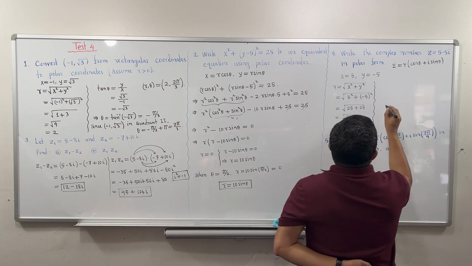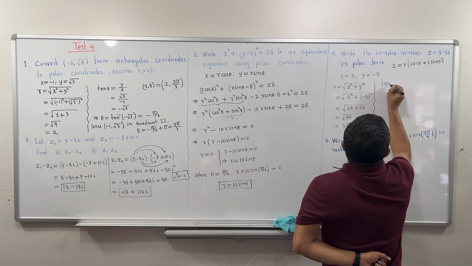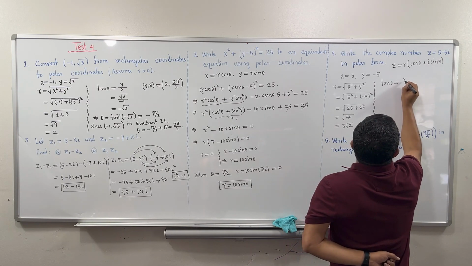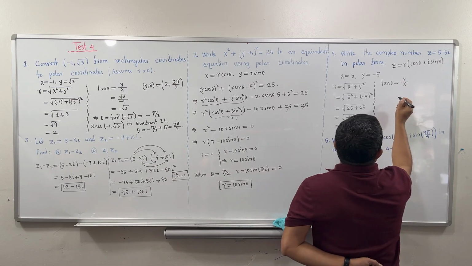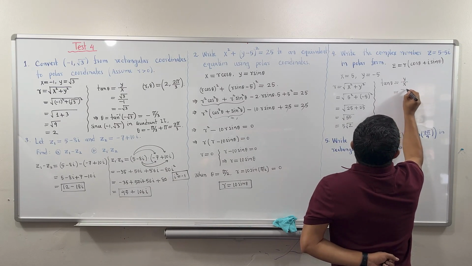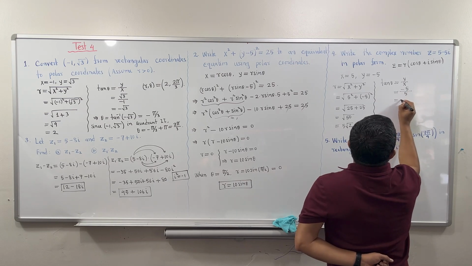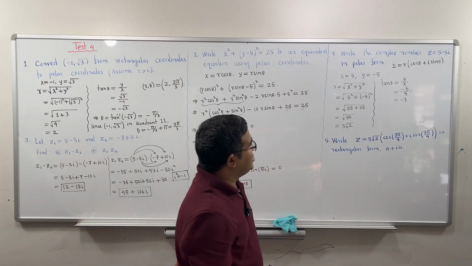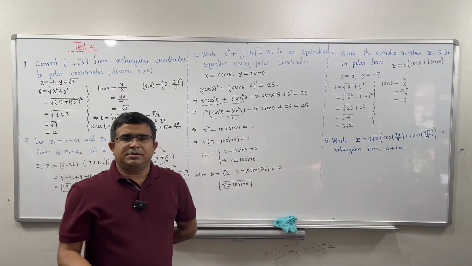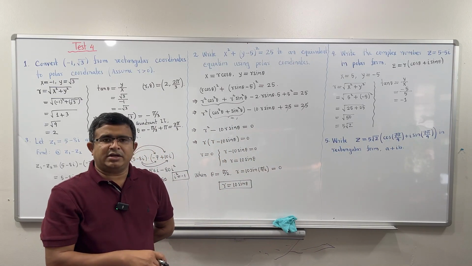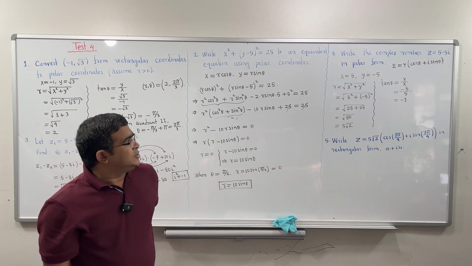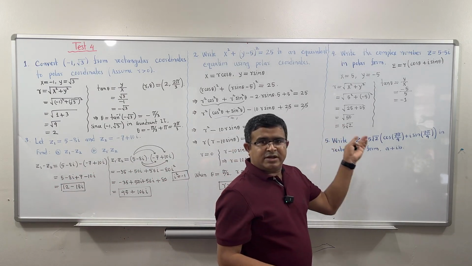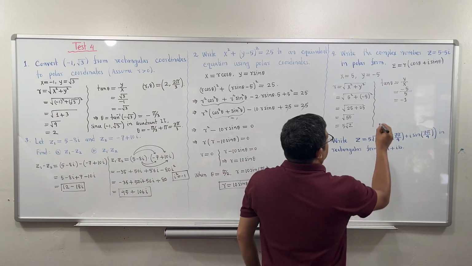And how about the angle? So tan theta is y over x. So what is y? y is negative 5 and x is 5, so it's negative 1. And tan theta is negative again in second quadrant and in fourth quadrant. So the angle should be in second quadrant or fourth quadrant.